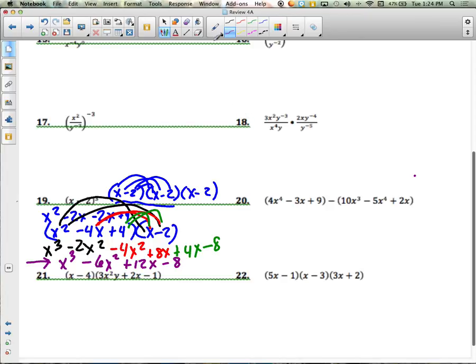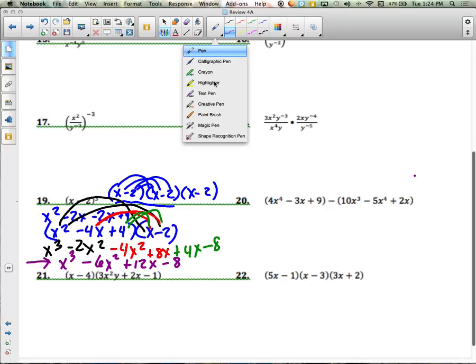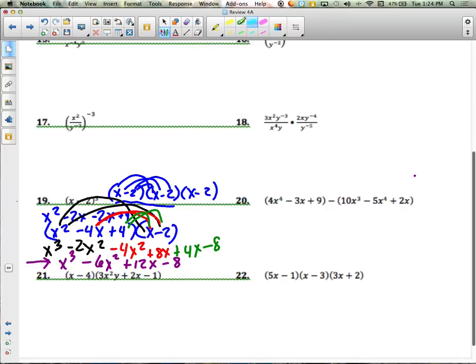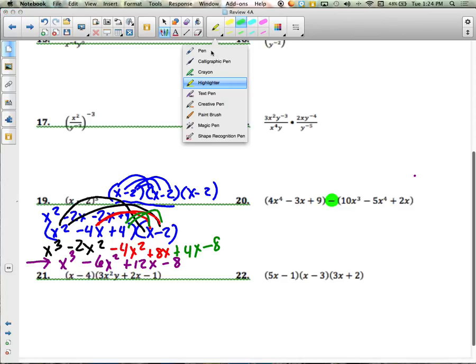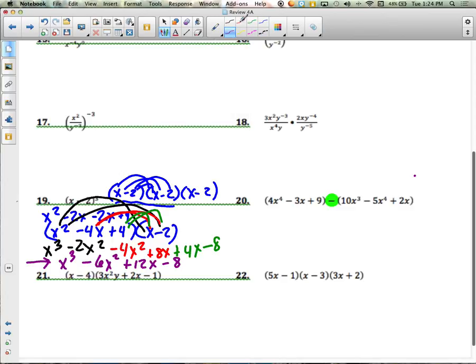Question number 20, if you look carefully, you do see the parentheses, right? But it's not a foiling because of this symbol right there, which means to subtract. So we're going to subtract, so we're really combining like terms.